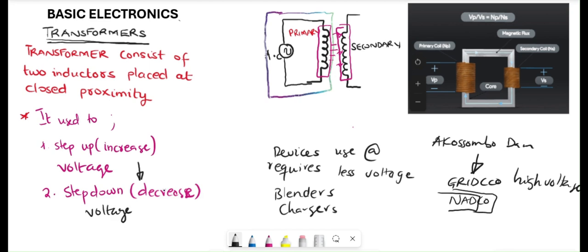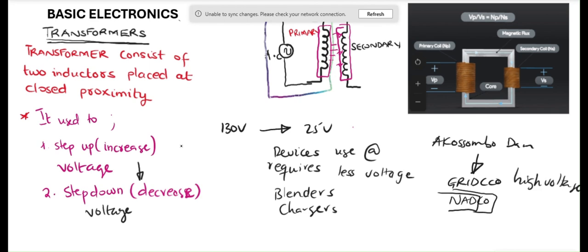Do you get it? So assuming, let's say 130 volts is being transferred to your local grid, your transformer will step it down to, let's say, 25 volts, right? So that is what transformers are basically used for, to step up voltage or to step down voltage when the need arises.